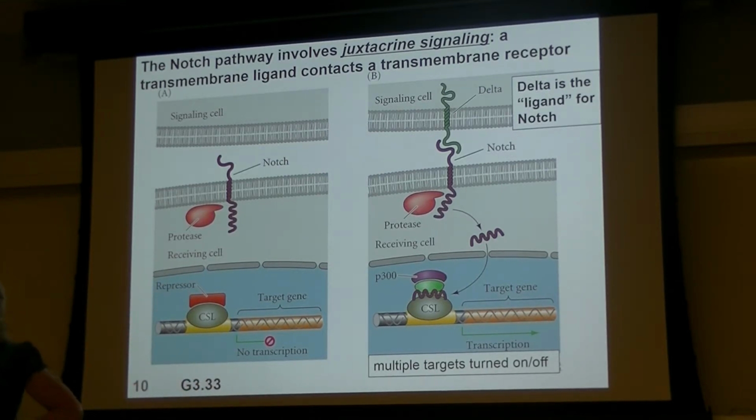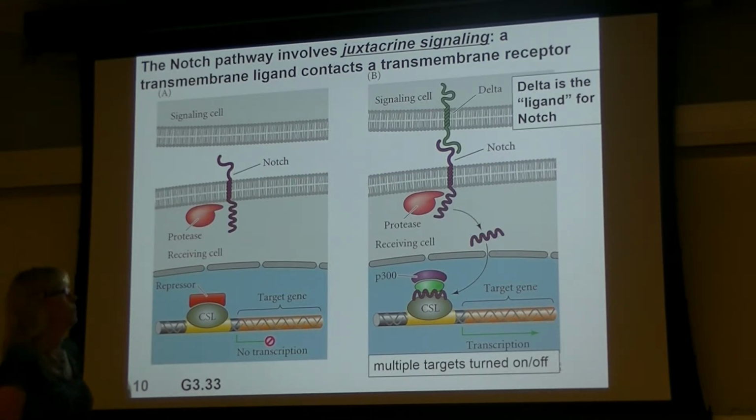At this point, all the cells in the neuroectoderm field are expressing both Delta and Notch on their cell surface. I'm only showing you one protein at a time here, but initially everybody is expressing both Delta and Notch.